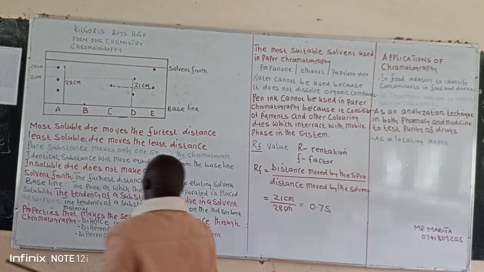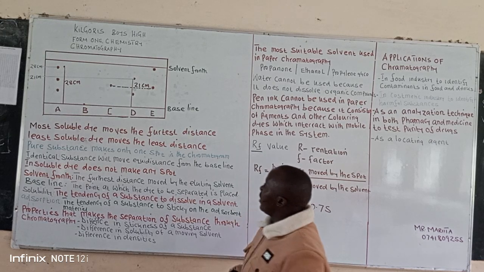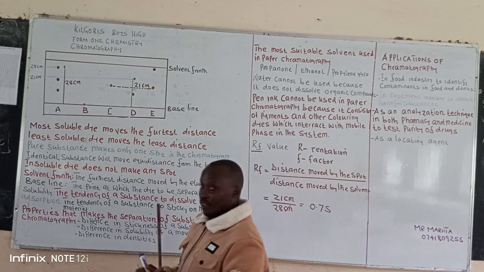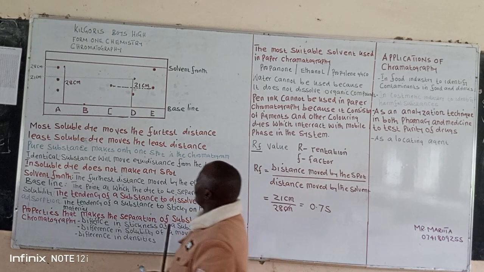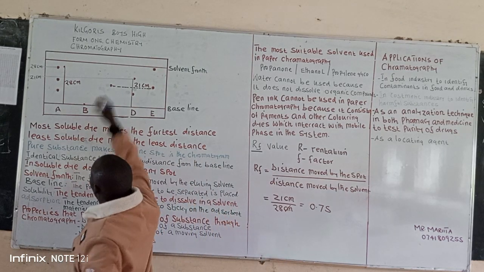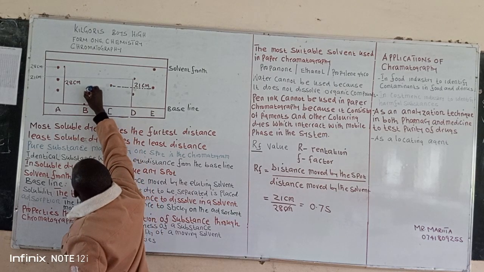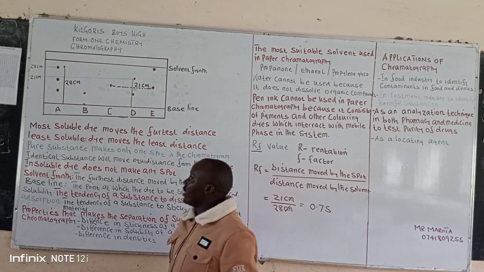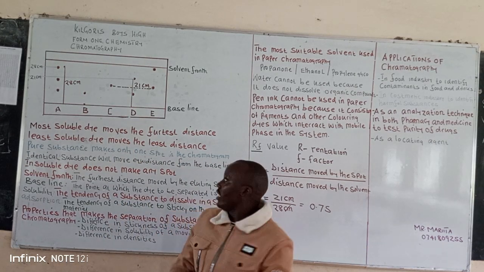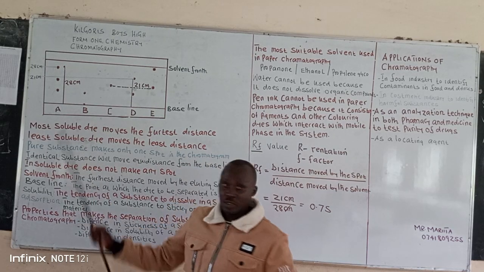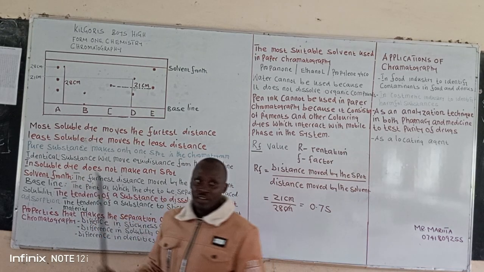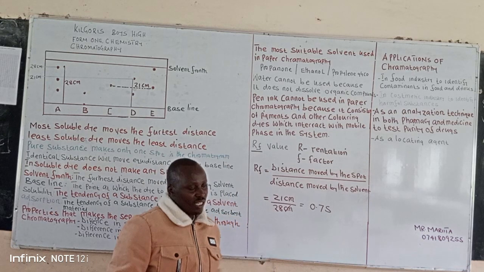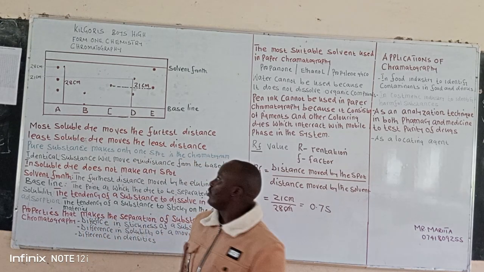Let's say spot P has moved a distance of, for example, 10 centimeters, using solvent A. Therefore, to get the retention factor, it is the distance moved by the spot over the distance moved by the solvent.